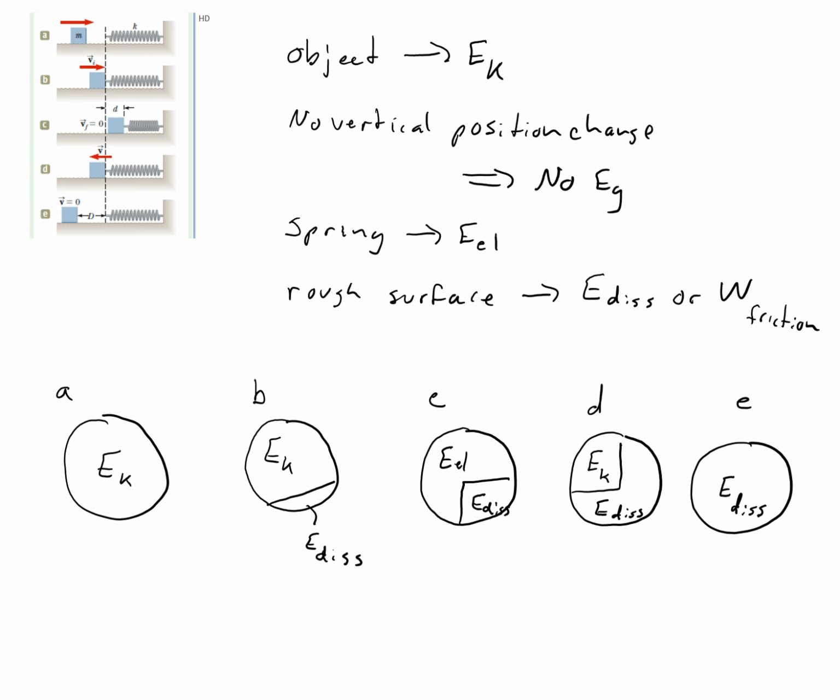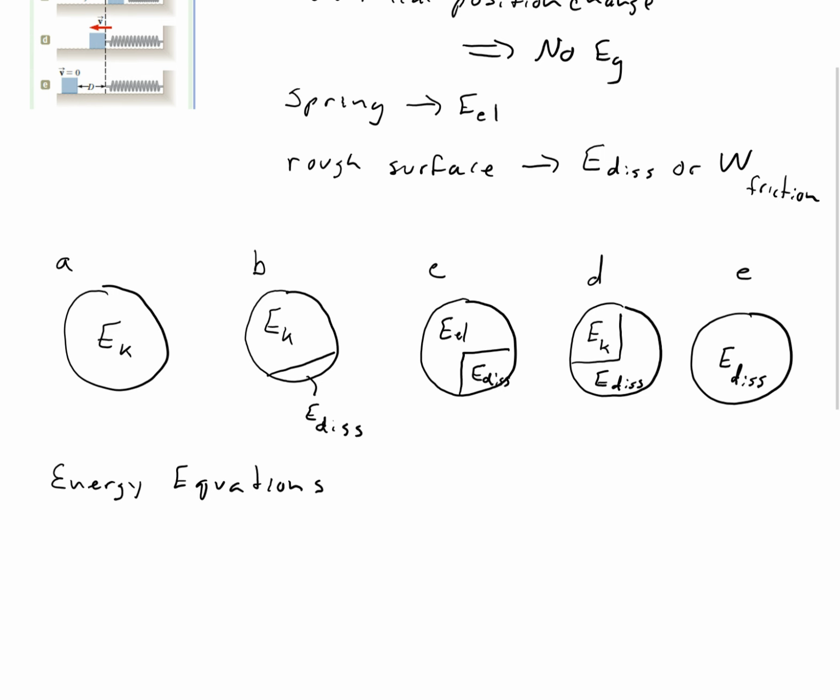What that tells us is that between each of these diagrams, we can write an equation relationship. So for A, we just have kinetic.